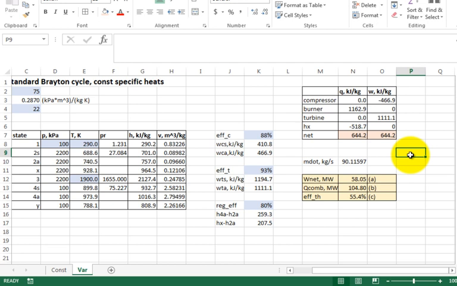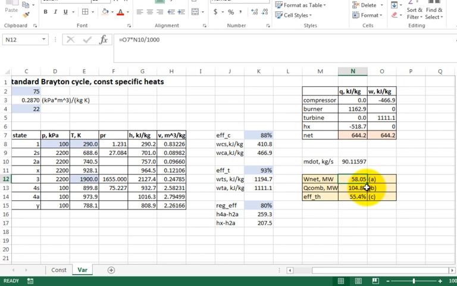Then we have our net power. Notice that the specific volume calculation did not change. Our specific volumes are the same, and so our mass flow rate is the same equation. And then our power is good. It changed.